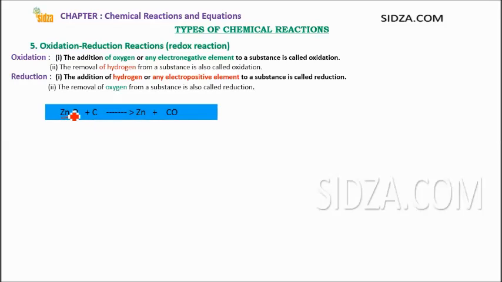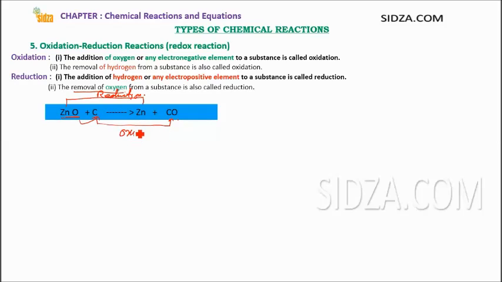Loss or removal of oxygen is reduction, so we can say zinc is getting reduced here, and carbon converts into carbon monoxide. Oxygen adds to the carbon, so we can say carbon is being oxidized.